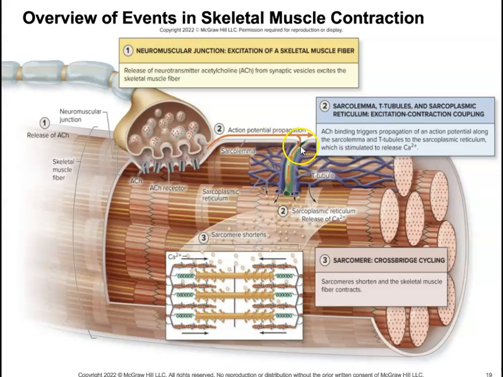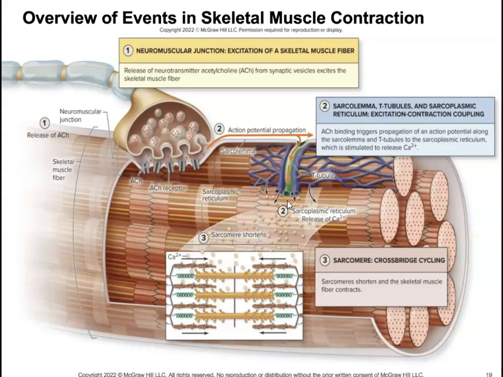So because it is made of cell membrane, sarcolemma, just like out here, this depolarizes also. So think of it like you hit a domino over here, it triggers another domino to fall, another domino to fall, and more dominoes to fall. Okay? Now, that is excitation.